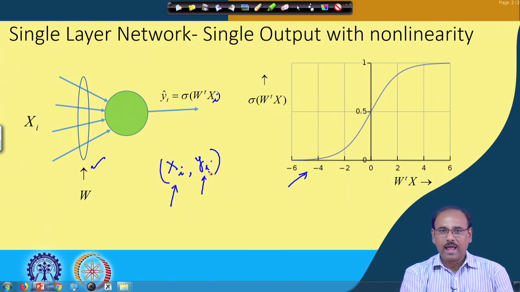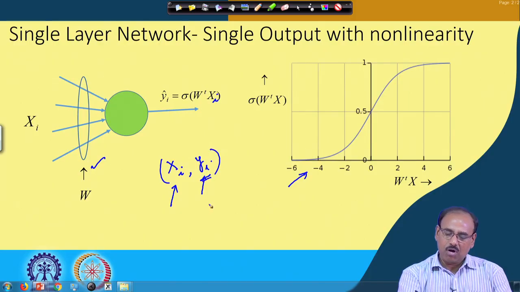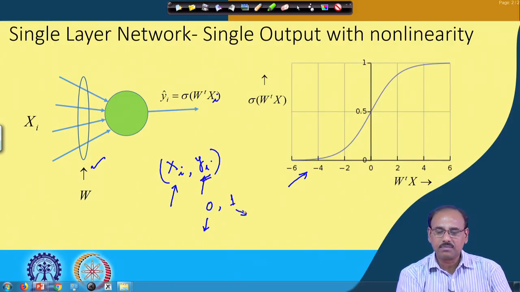When I have a single output neuron, we are considering a two-class problem, and y_i can take the value 0 or 1.